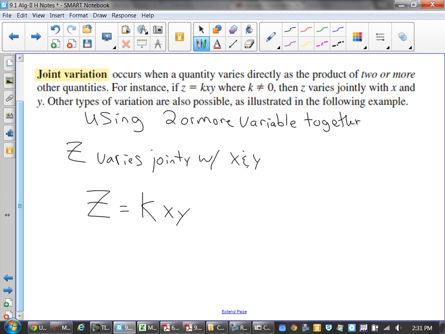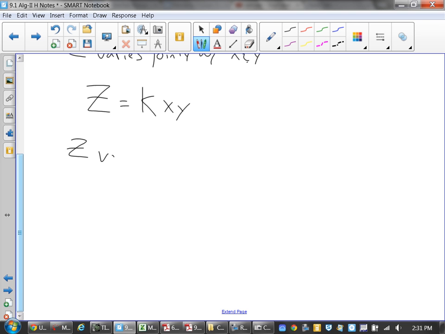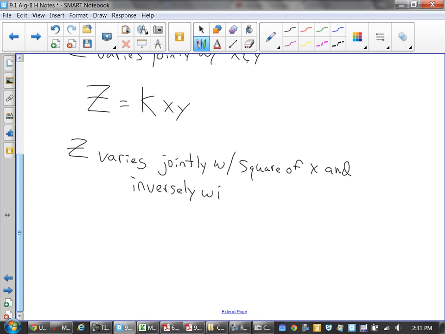It's a lot of letters. If I want to say z varies jointly with the square of x and inversely with the cube of y.